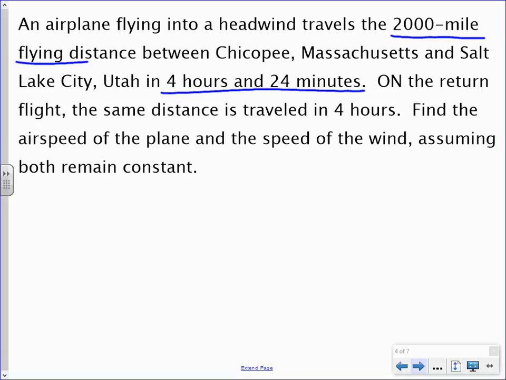On the return flight, obviously the same distance. So to get there, it took them 4 hours and 24 minutes. To get back, it took them 4 hours. Okay? Find the airspeed of the plane and the speed of the wind. So we want speed of the plane, speed of the wind.